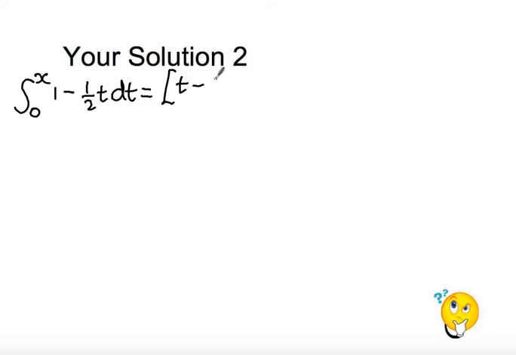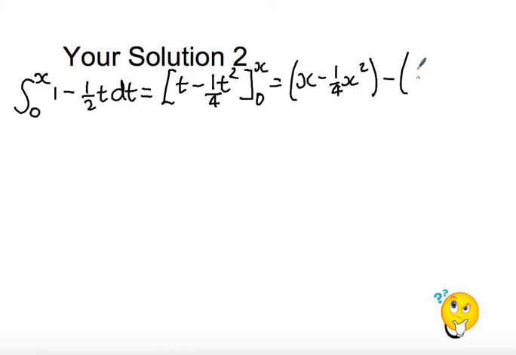T minus, well, when I integrate t, it goes to t squared, so I'm going to divide by 2, so I get minus a quarter t squared. And I'm going to integrate that between 0 and x. So substituting in our values, I get x minus a quarter x squared minus 0 minus a quarter 0 squared, which comes out as x minus a quarter x squared.